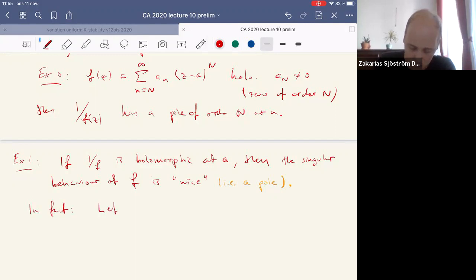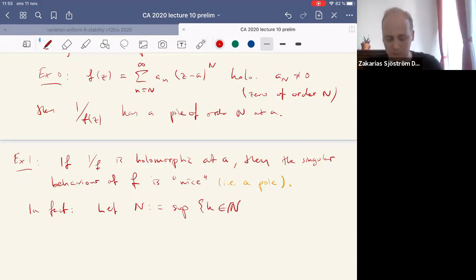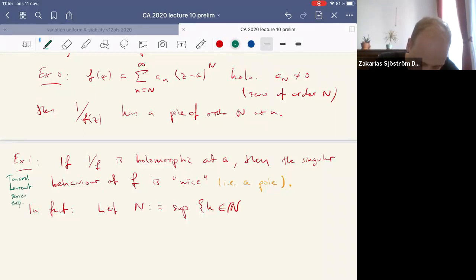Okay, so what we have is the following. Let n be the supremum of this. This will be a running example actually, which will lead to the definition of the Laurent series. So let me just write here: toward the Laurent series expansion. Just so you keep this in mind.